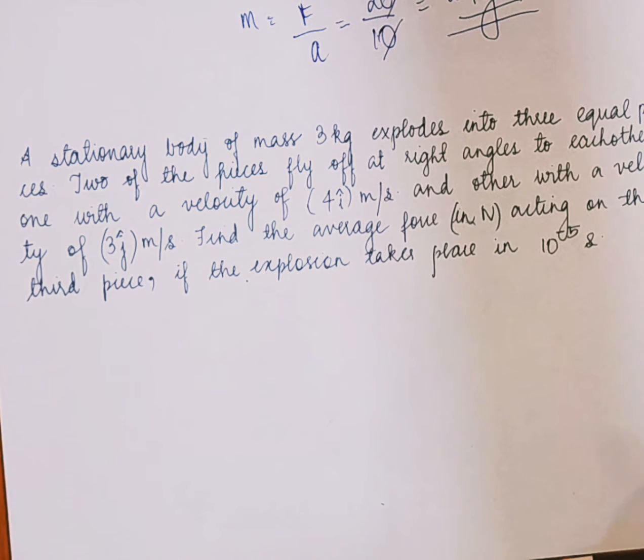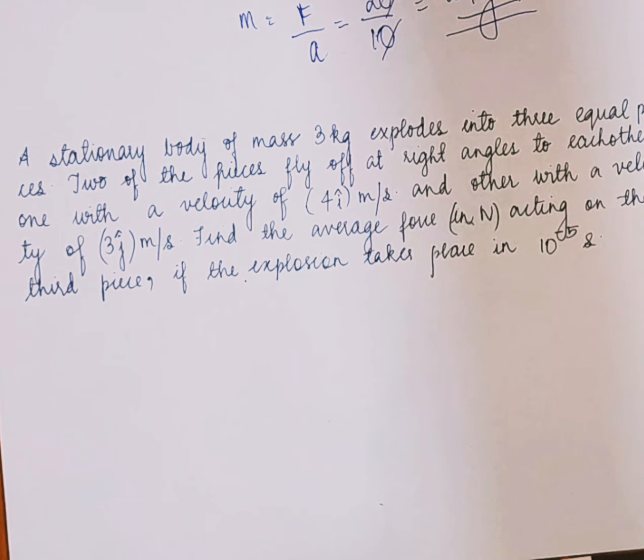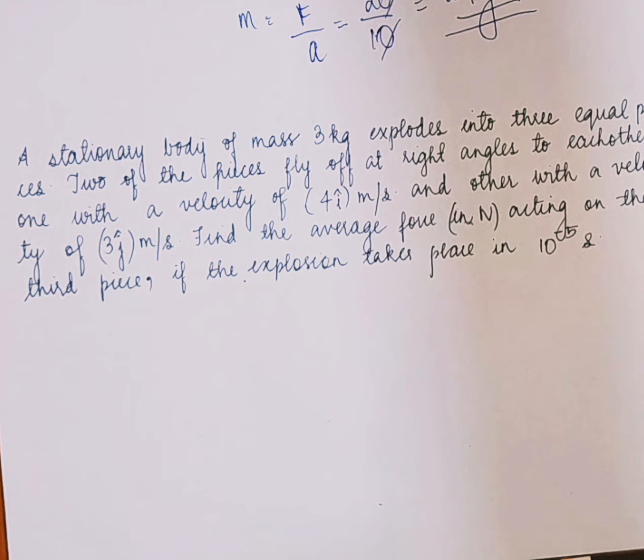Question 2. A stationary body of mass 3 kg explodes into 3 equal pieces. 2 of the pieces fly off at right angles to each other, one with a velocity of 4i meter per second and other with a velocity of 3j meter per second. Find the average force in Newton acting on the third piece if the explosion takes place in 10 raised to minus 5 seconds.